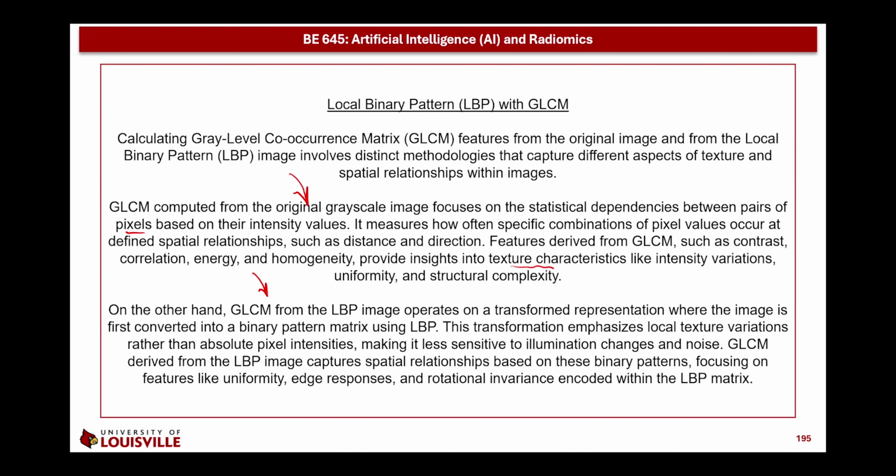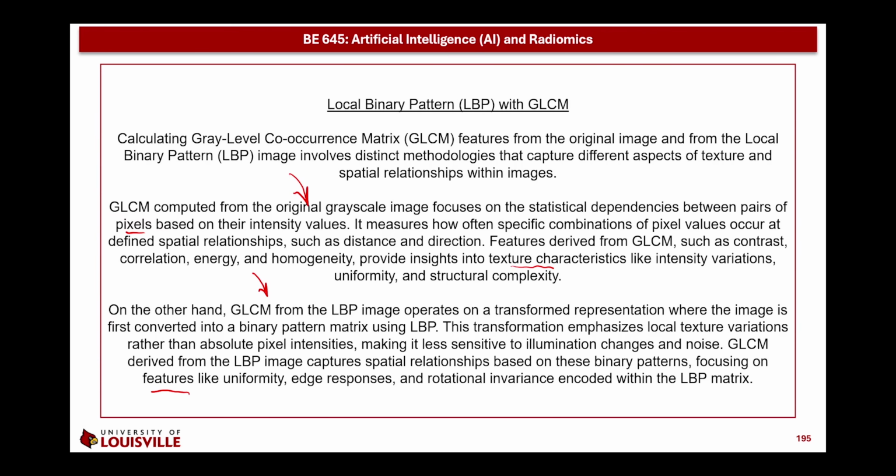In that case, we are focusing on features like uniformity, edge responses, and rotational invariance from the LBP matrix. Also, we can combine both of them. We can obtain features from the grayscale image and features from the LBP matrix and combine them in our file to work together in the classification model.